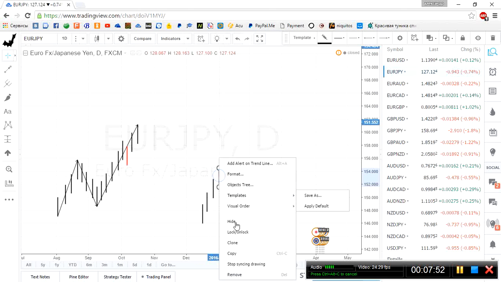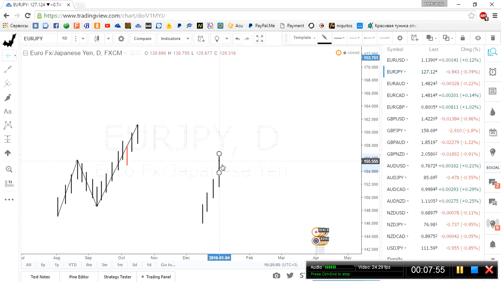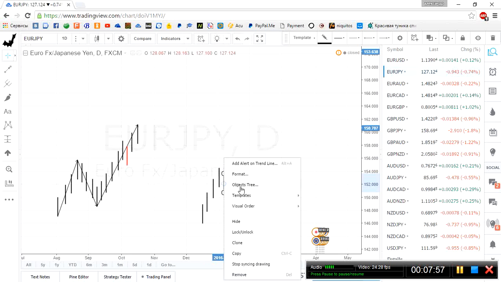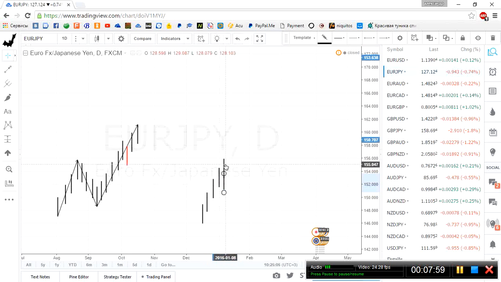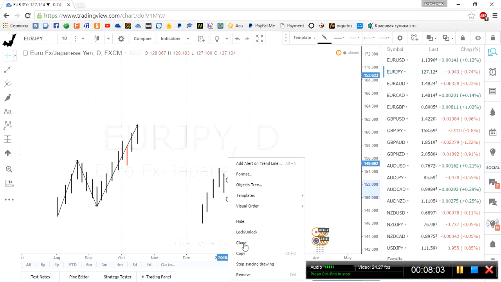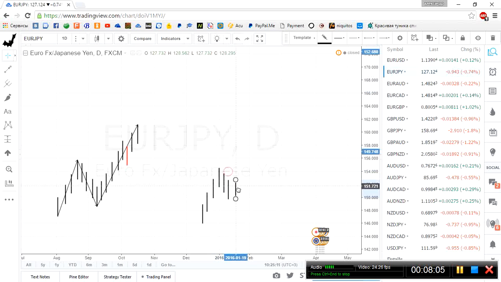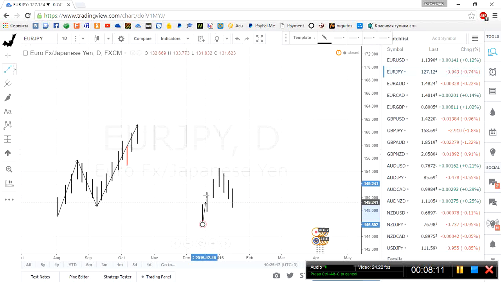And to have an opposite swing, we need 3 descending lows, like this. 1, 2, 3 descending lows. If we have only 2, then we need to skip it, but if we have 3, we cannot skip that. So this is a swing identification technique for some major trends.